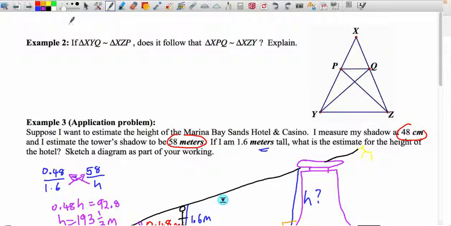What we're attempting to do is to establish whether or not, if we know that triangle XYQ is similar to triangle XZP, that gives us sufficient information to determine whether triangle XPQ, which is the small triangle at the top, is or is not going to be similar to XZY.